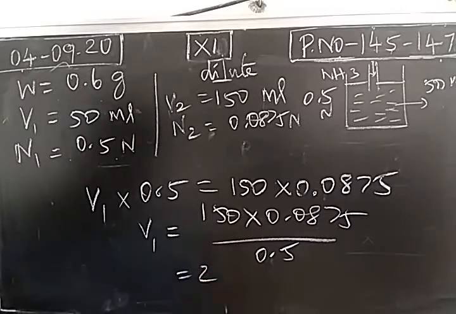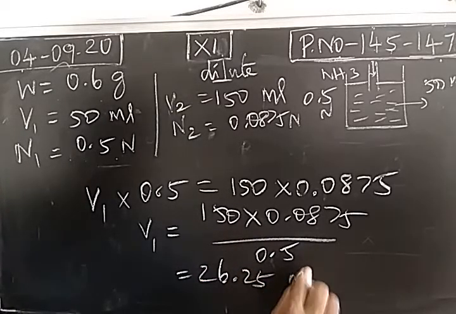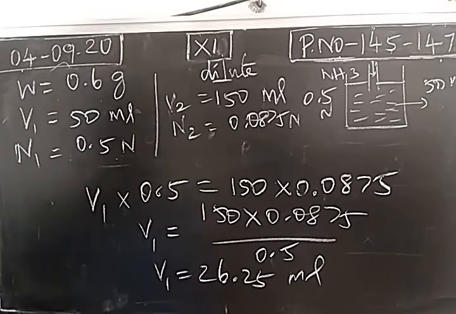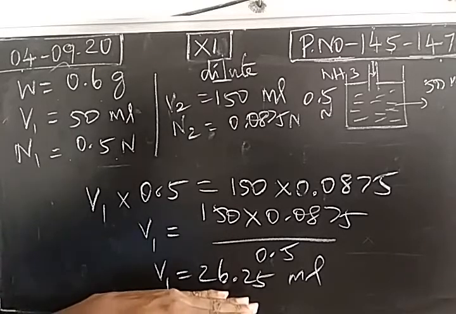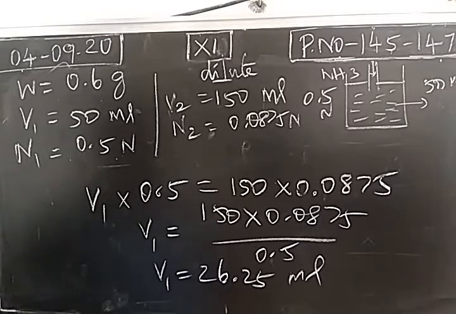The answer is 26.25 ml. So in Gelder's method, out of 50 ml, 26.25 ml sulfuric acid is present as such. So this much sulfuric acid is not converted into ammonium sulfate. Okay.